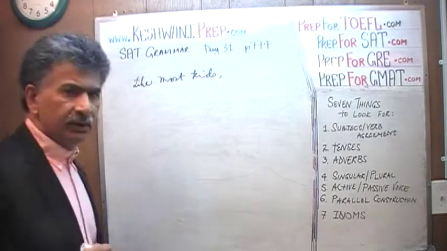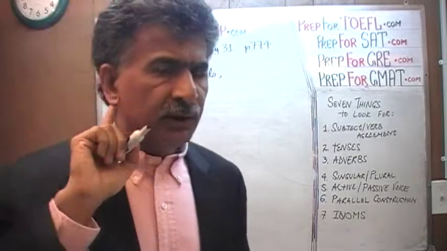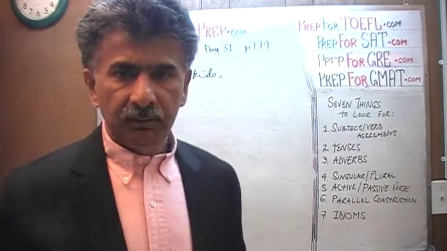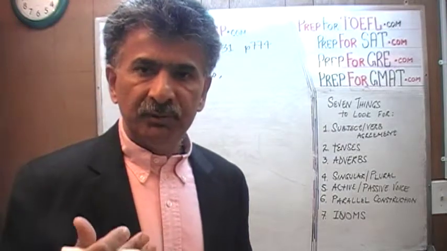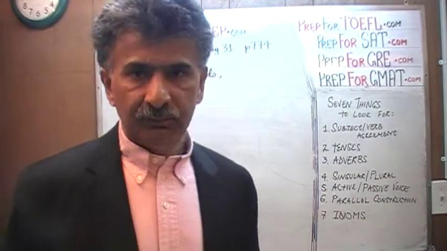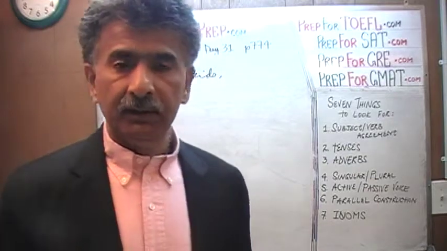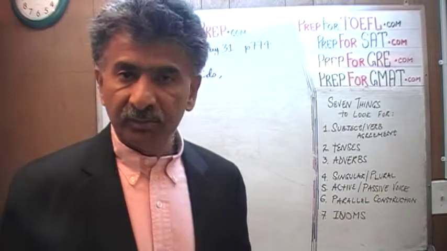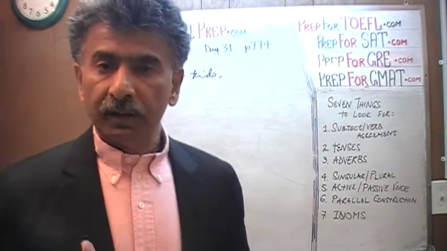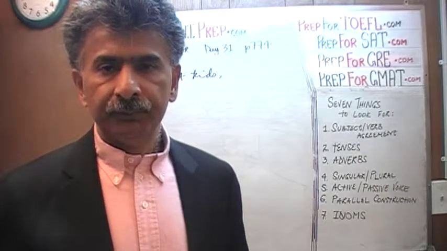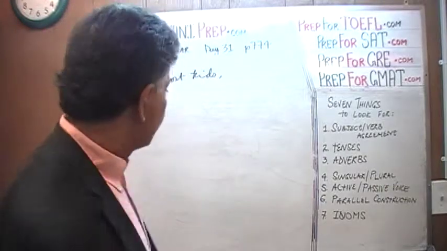Now, as soon as you hear like most kids, what do your ears expect to hear next? Like most people, you expect to hear somebody's name. Like most cities, you expect to hear the name of a city. Like most large cities, London is very crowded. You understand? We expect to hear the name of the child here.